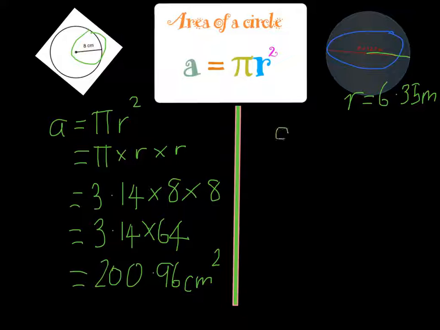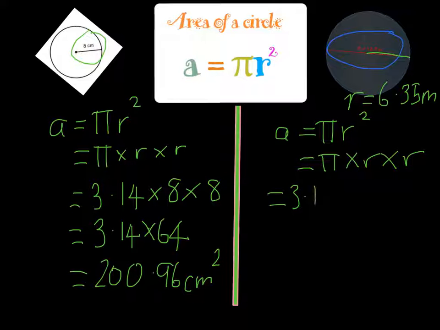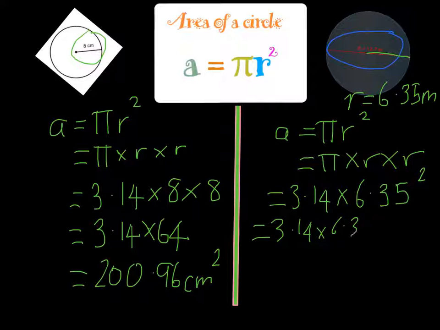So the area is equal to pi r squared, which means the same as pi times by the radius again, which is going to give us 3.14 times by 6.35 times by 6.35 again, or you could even just write that as 6.35 squared, but just remember it is 3.14 times by 6.35, timesing that by 6.35 again.